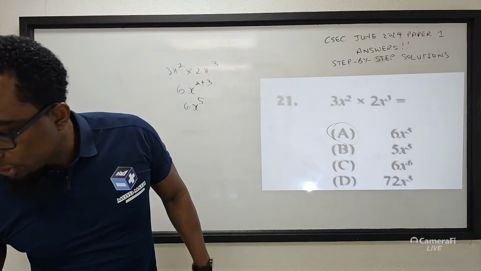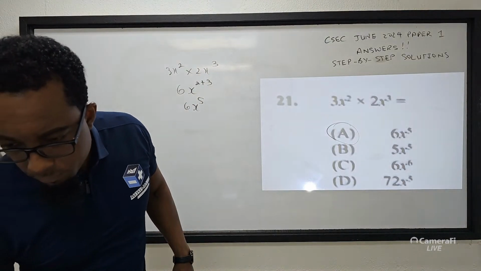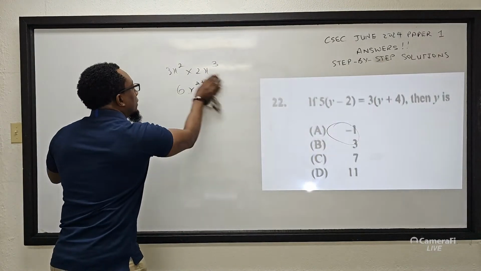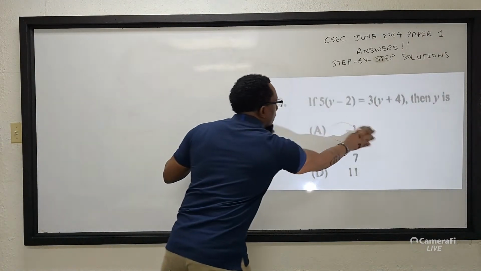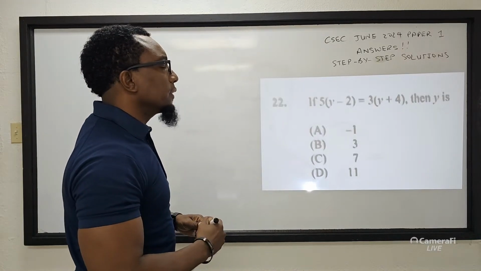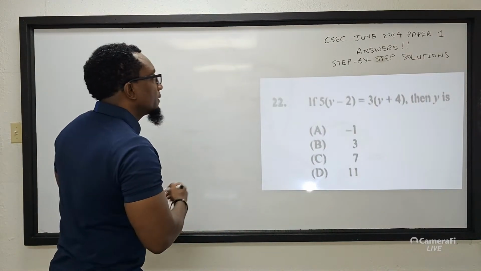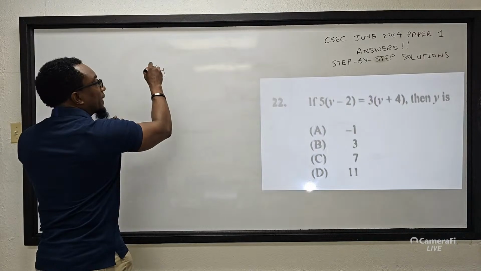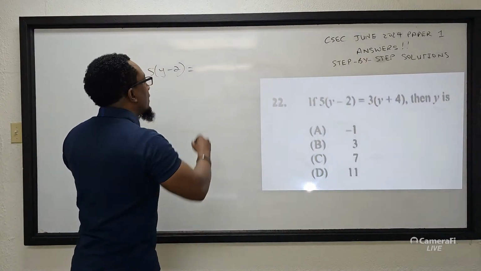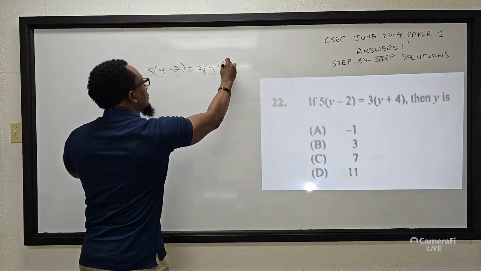Let's look at question 22. If 5 in brackets y minus 2 is equal to 3 in brackets y plus 4, then what is y? So we have 5(y minus 2) equals 3(y plus 4).